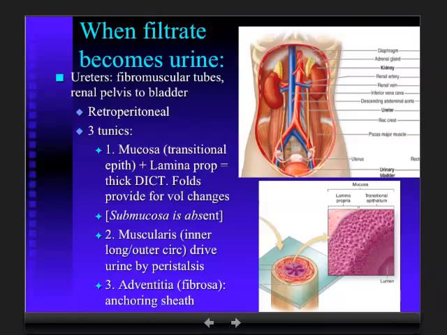You've got a mucosa that's transitional, and not to be too personal with you guys, but how many... This is personal. Sorry. All right, you just empty your bladder, and you're not 10 steps out of the bathroom, and all of a sudden, maybe I didn't just empty my bladder.